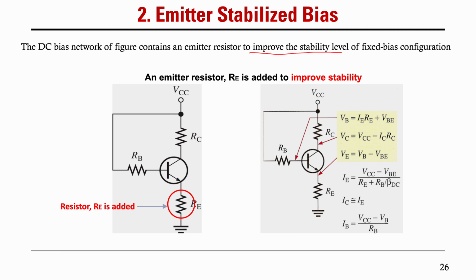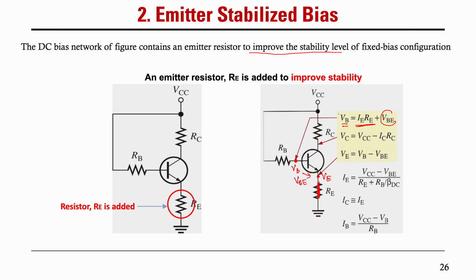You can see this is your VB, and this is your VE. The voltage at point VB is equal to the voltage drop at the emitter resistor, IE RE, plus the VBE.